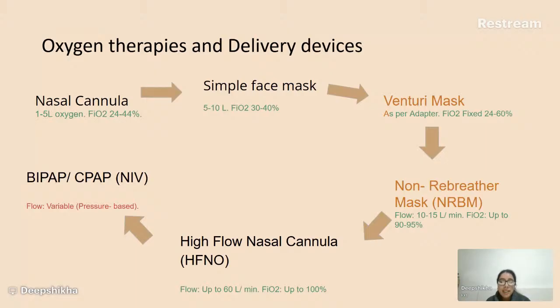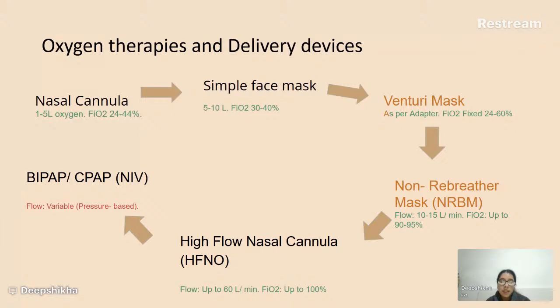Depending on the size of the adapter, you can control how much oxygen is going into the patient's airways. Indications, again, COPD, when precise FiO2 is needed. It delivers a constant FiO2 regardless of the patient's respiratory rate and flow pattern.